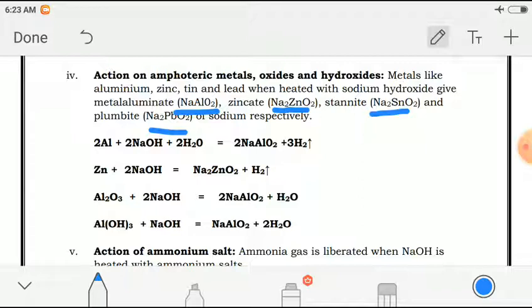See, in this case sodium hydroxide reacts with what? Metal. Okay, and formation of the compound.